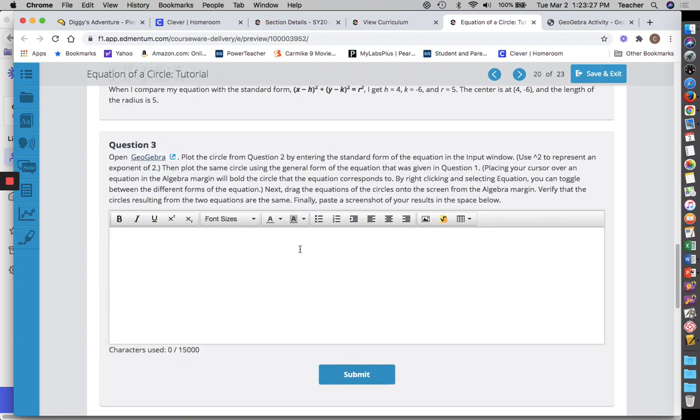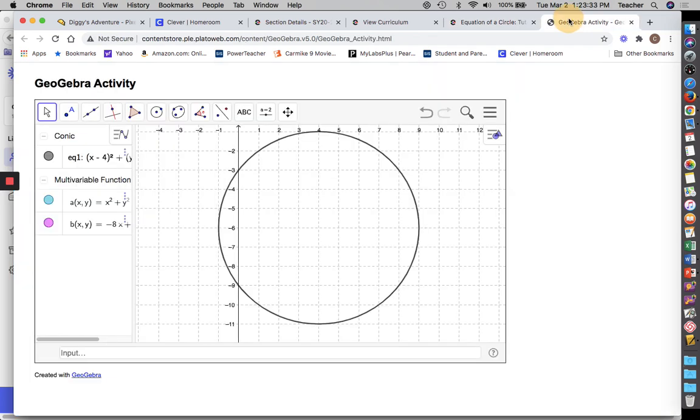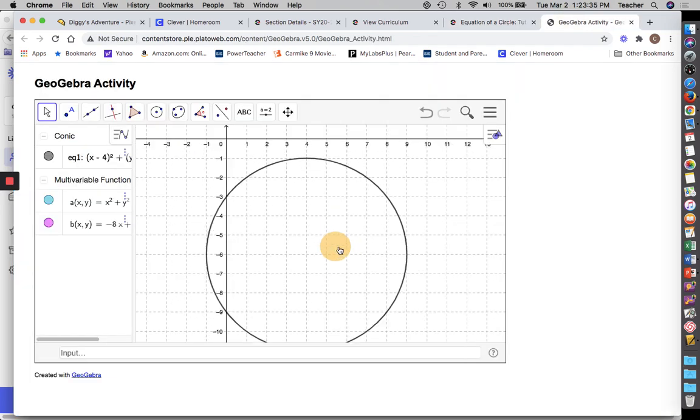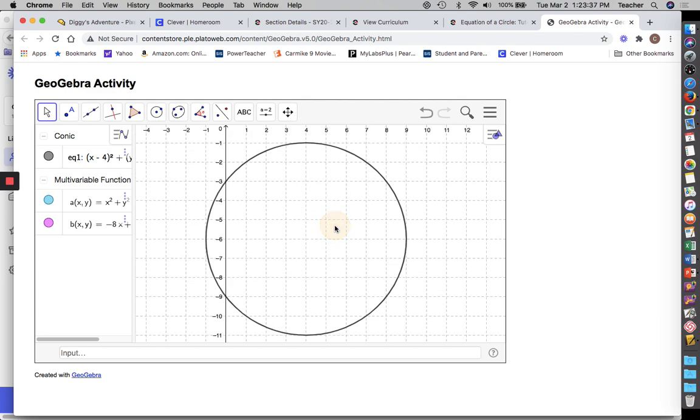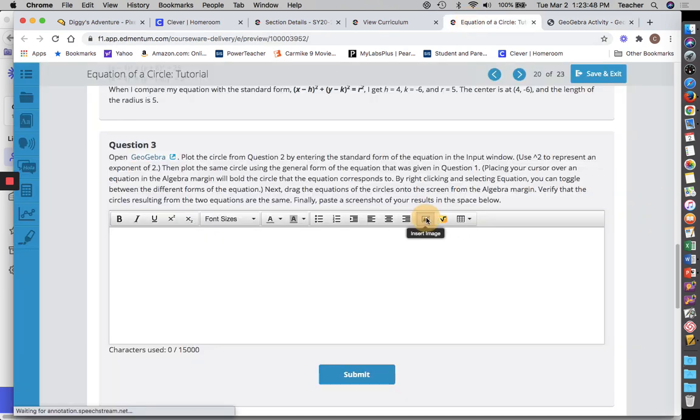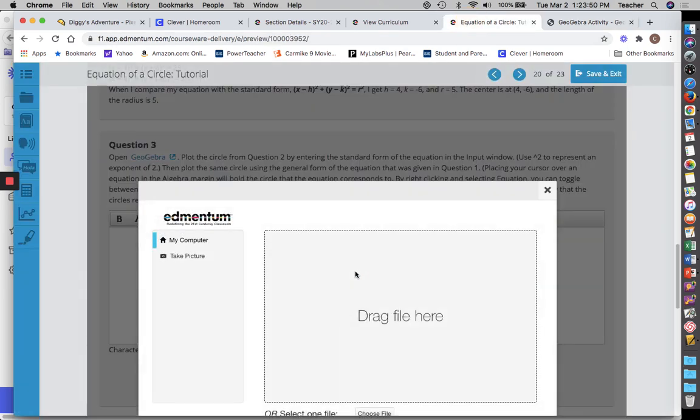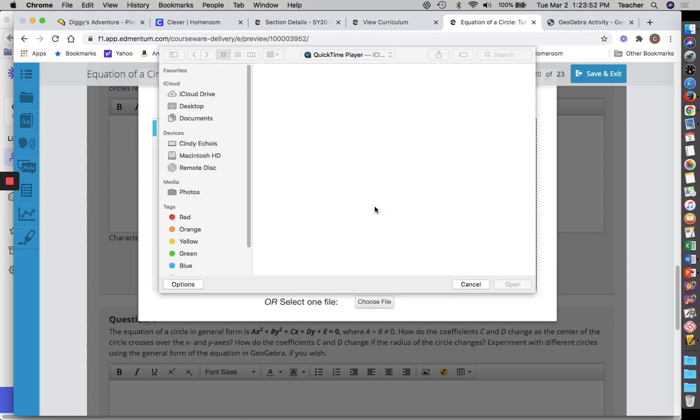All right, so yeah, they're the same. I mean, they're both going to be right there. All right, so they want a screenshot. I'll do a screenshot. Insert image, choose file.